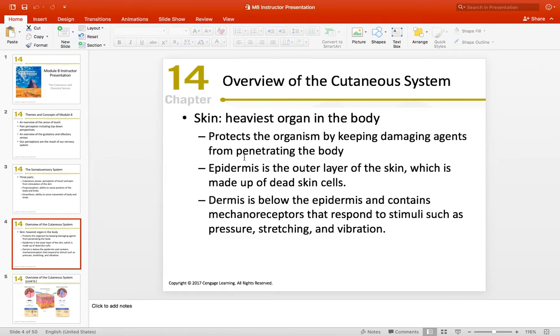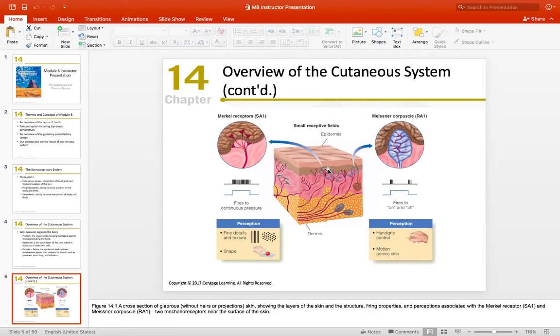And you can see that we have the different layers: the epidermis and the dermis, shown here in a cross section. The epidermis is the top layer, then we have the dermis, which is much deeper. The main thing here is just to go through and note the different types of receptors that are found throughout the skin. And what we basically know is that these different receptor types have different physical shapes.